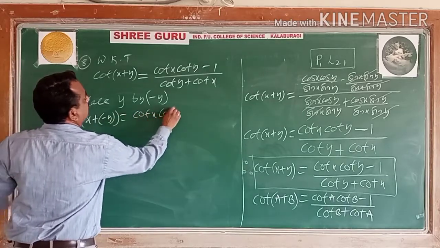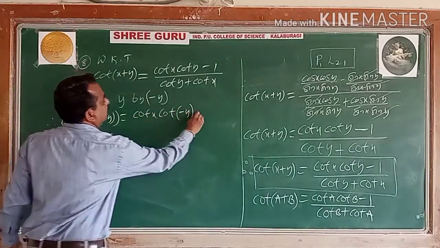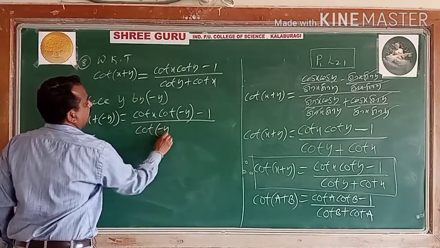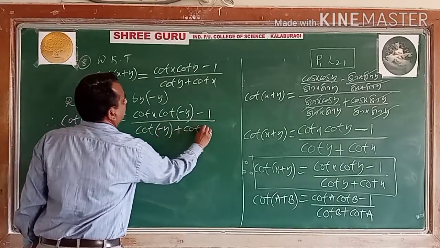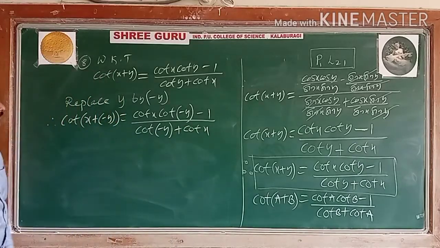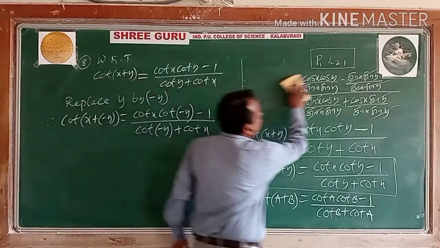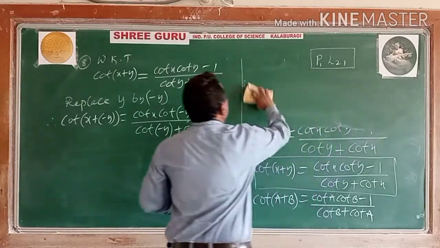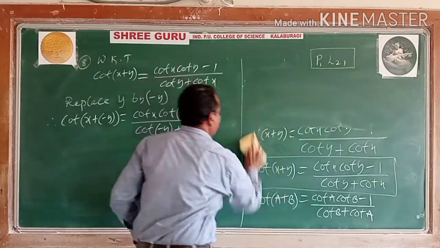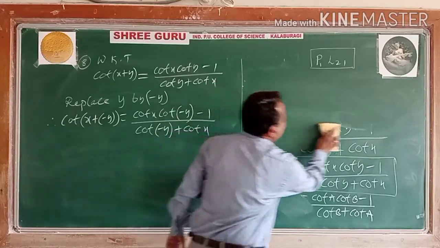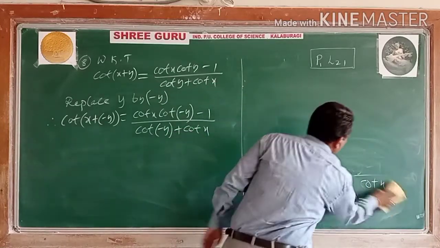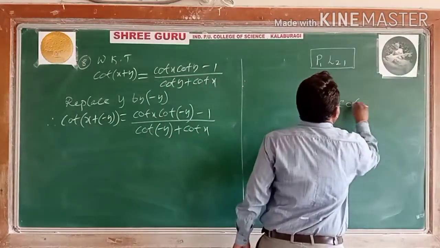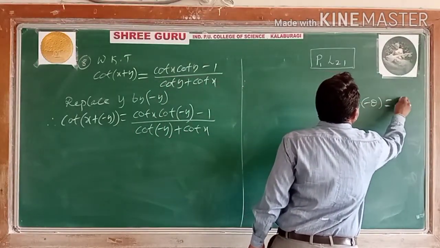Cot x, cot of minus y minus 1 divided by cot of minus y plus cot of x. You know, students, what is cot of minus theta? Is it a minus cot theta? Because except cos and sec, remaining all are negative.